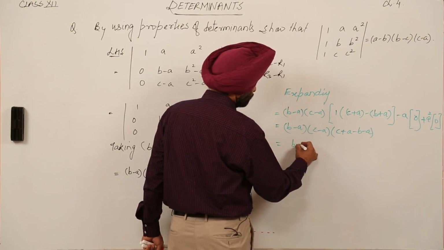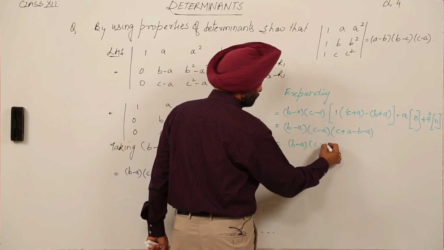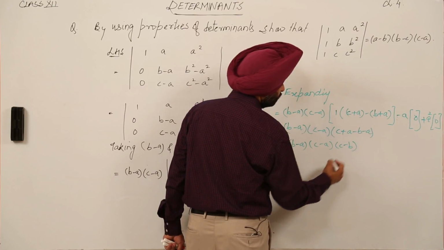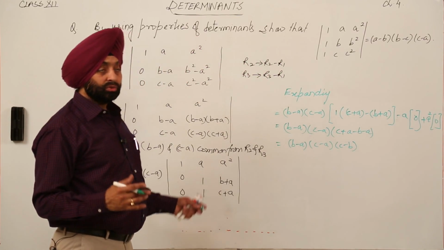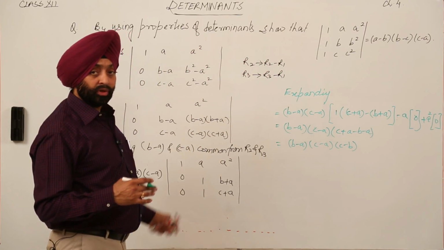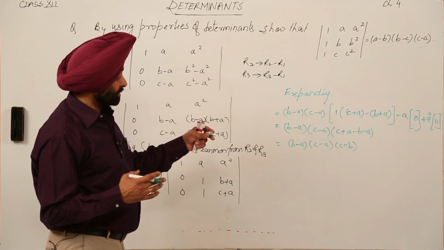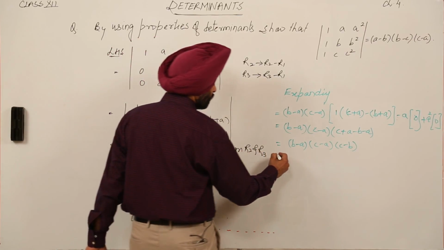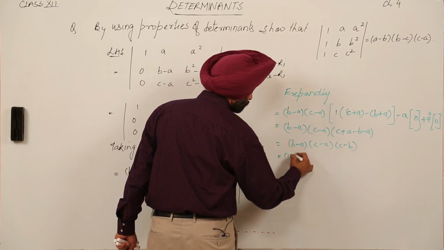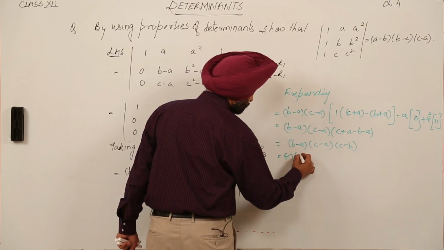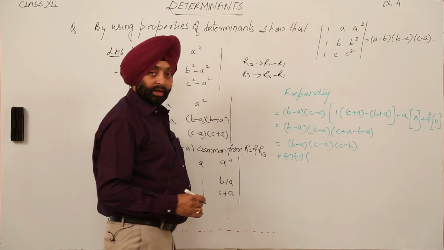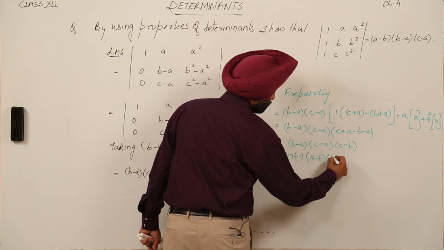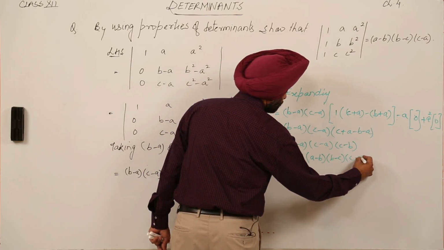So we are having b minus a, c minus a, and here it becomes c minus b. Now we want a minus b, we are having b minus a. We want b minus c, we are having c minus b. We want c minus a, c minus a is there. So now I have taken minus 1 and minus 1 common, and what we are getting is a minus b, b minus c and c minus a.